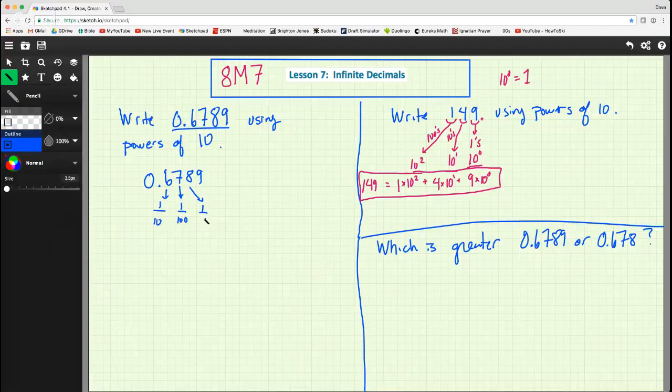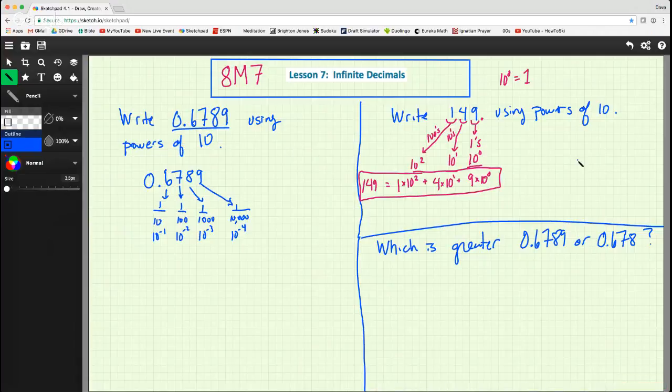This is our thousandths digit. And this is our ten-thousandths digit. For those of you who remember our negative exponents, this is the same thing as 10 to the negative 1. 1 over 100 is equal to 10 to the negative 2. 1 over 1,000 is 10 to the negative 3, and so on. So we get this nice mirror.